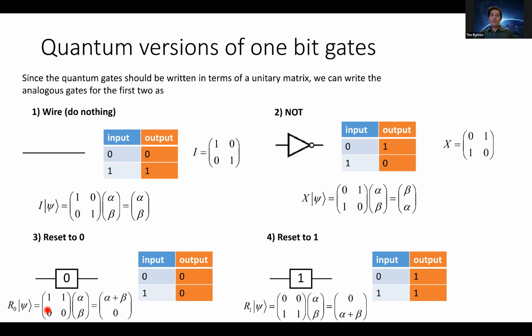Because these matrices do not have an inverse, it's impossible to make them in quantum mechanics, because in quantum mechanics everything is always reversible. Everything is always a unitary matrix. And so you just cannot implement this with a unitary evolution. So we don't consider these ones as gates.